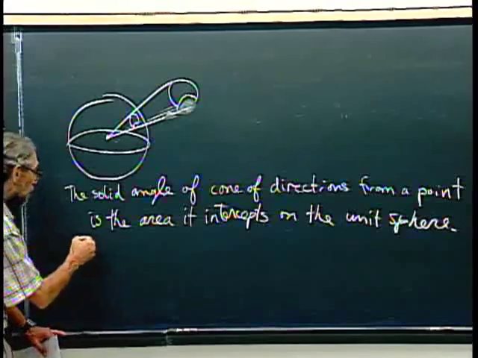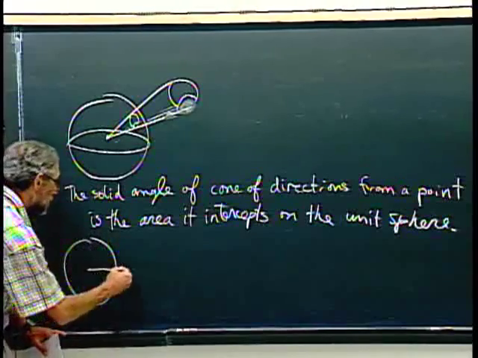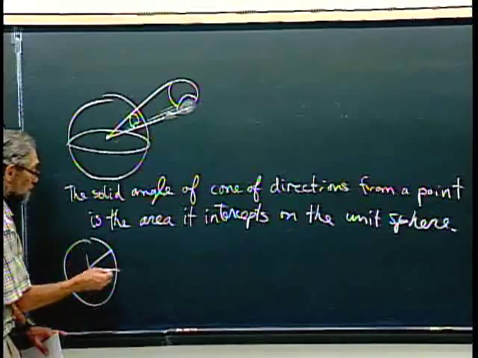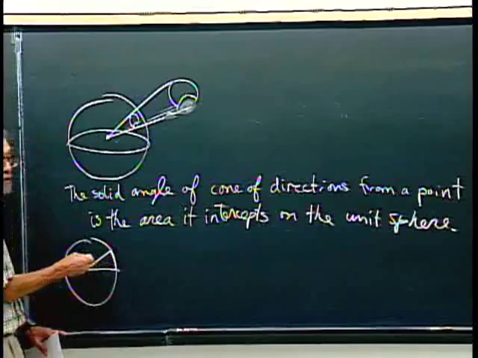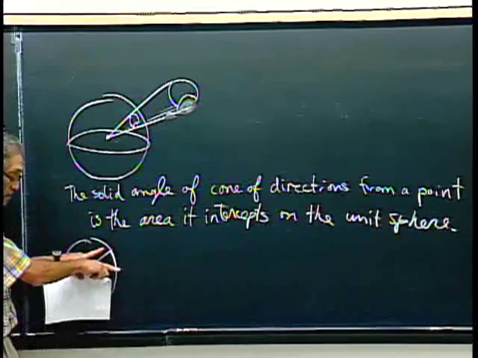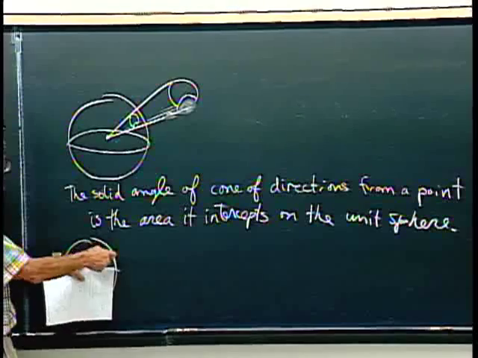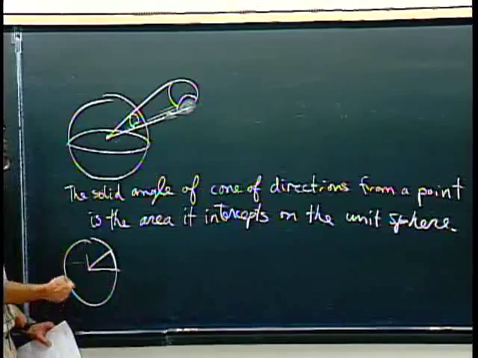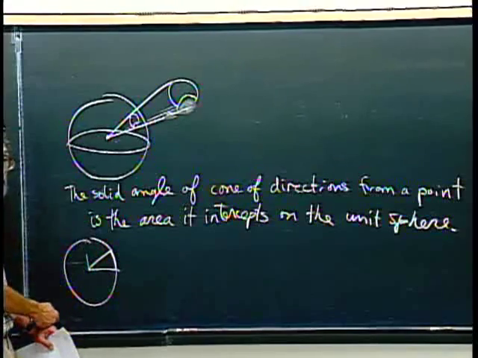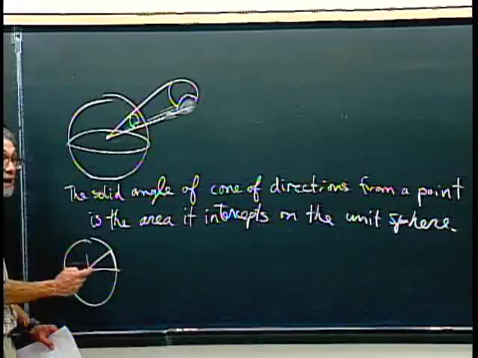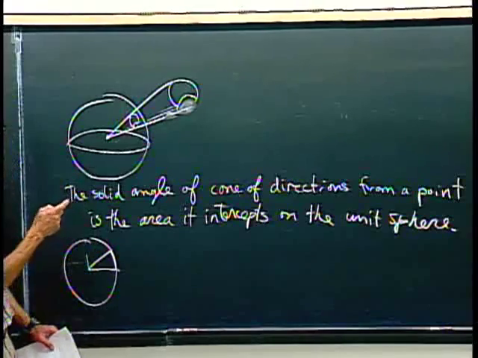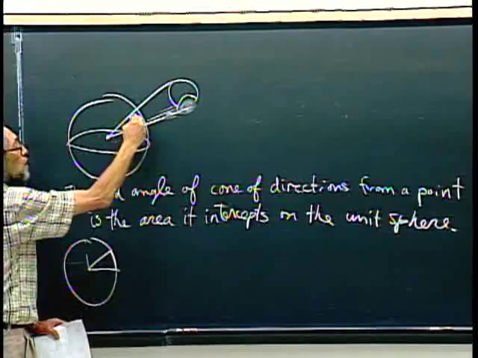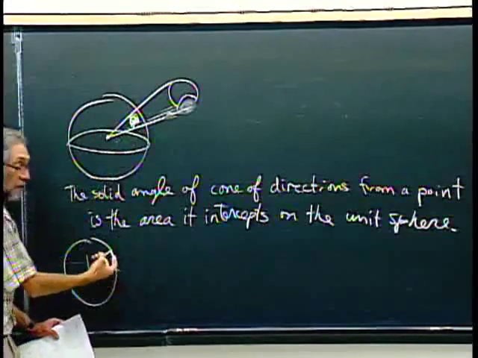It's like on a circle, if you have an angle here, and you measure that angle, this looks like about pi thirds, the length of this arc on the circle that the angle subtends is actually pi thirds, and the total length of the whole circle is 2 pi if it's the unit circle with diameter 2 and radius 1. So analogous to that, they say steradians for the 3D solid angle, and you measure it as area on a sphere instead of length on a circle.